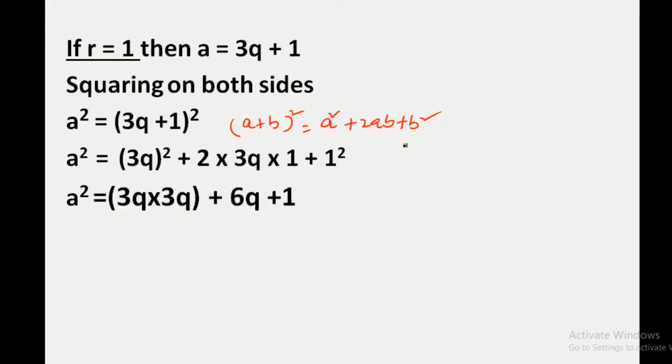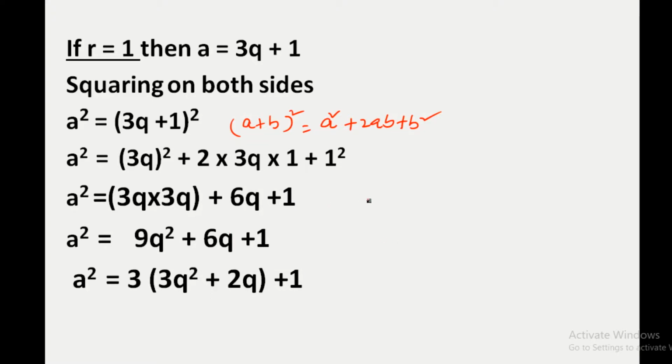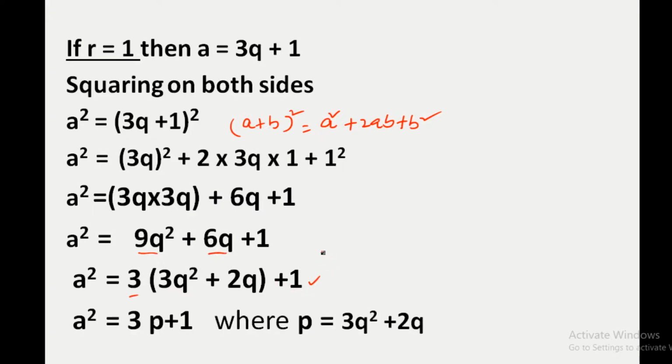And upon simplification, a square is equal to 9q square plus 6q plus 1, and here we can see in these two terms, 3 can be taken as common, and this one is left over. So a square is equal to 3p plus 1, where this p is substituted for this value.